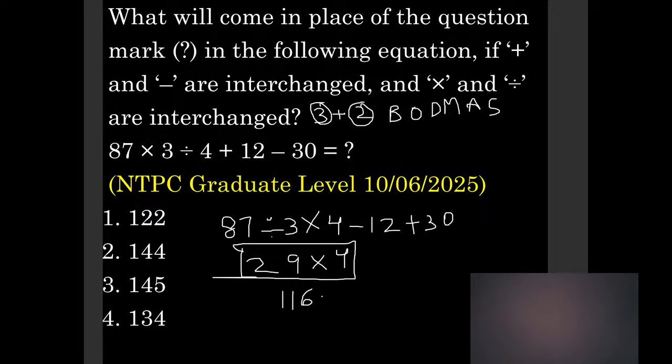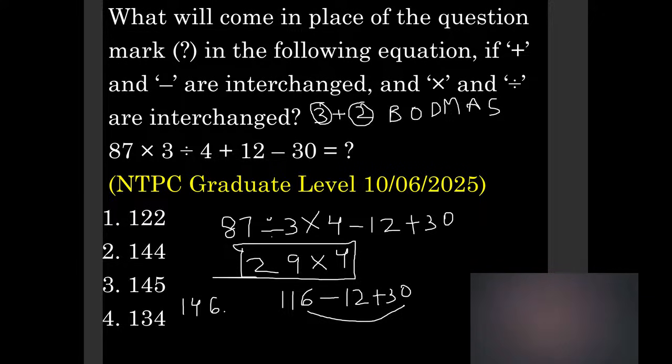Next, 116 minus 12 plus 30. First it is addition, so you should add 116 and 30. If we add those two numbers, we get 146. Then 146 minus 12.